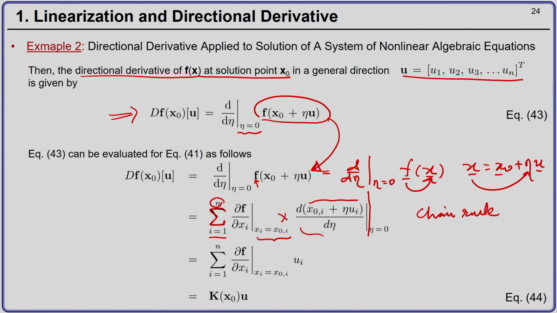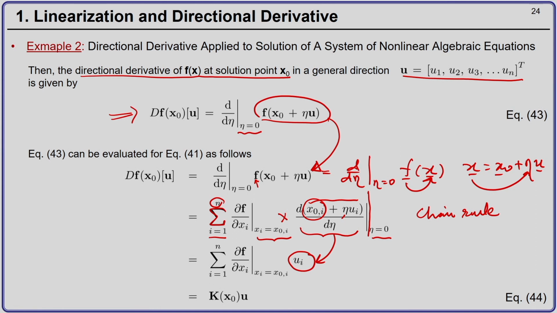Now, if you see this expression, the first term is independent of eta, and the second term only has eta. So, if you take this derivative, from the second term you only get u i. Eta equal to 0 has no meaning here, because once you take the derivative with respect to eta, there is no eta left in the final expression.